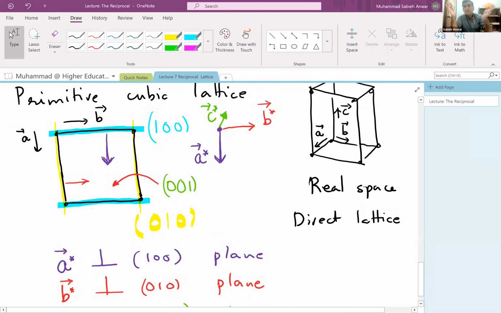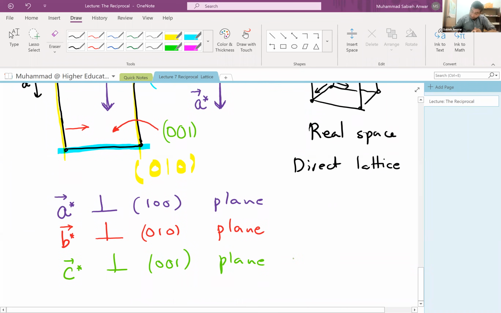So now I have a trio of vectors, A star, B star, and C star. These are normal to the planes inside a primitive cubic unit cell. These vectors are called reciprocal vectors. And just as A, B, and C form a basis for the direct space, A star, B star, and C star form a basis for the reciprocal space.